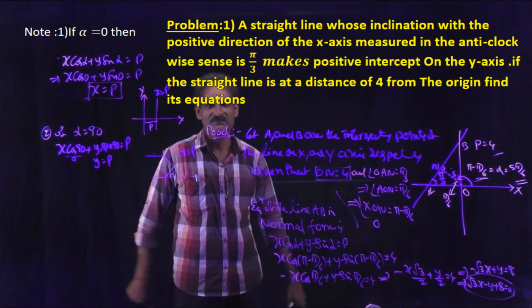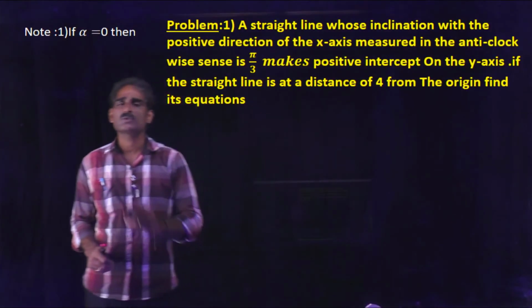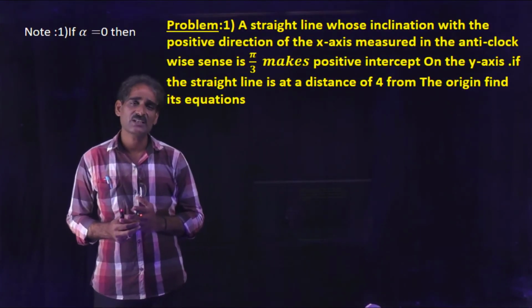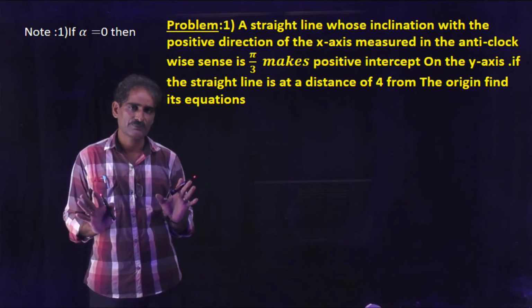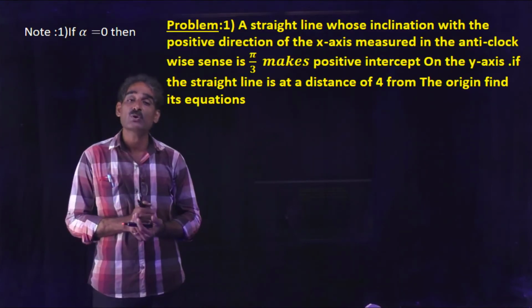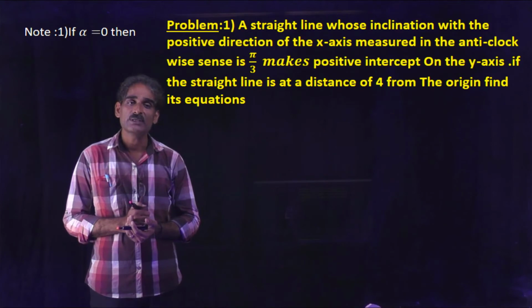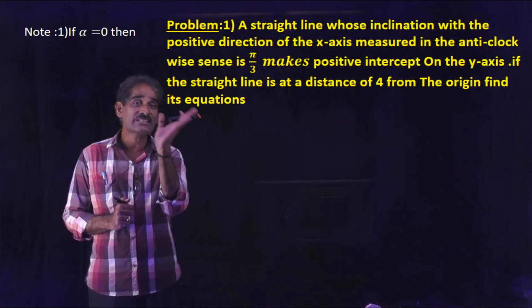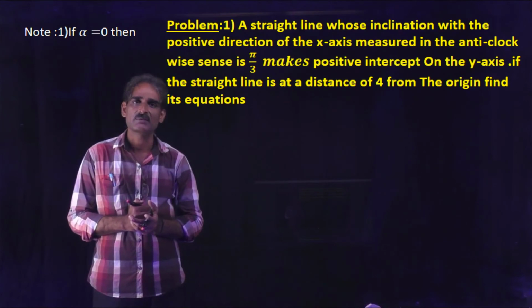Okay, right. So now just observe the normal formula: x cos alpha plus y sin alpha equal to P. If suppose alpha equal to 0, what will happen? If alpha is 0, the normal line coincides with x-axis. Understand?